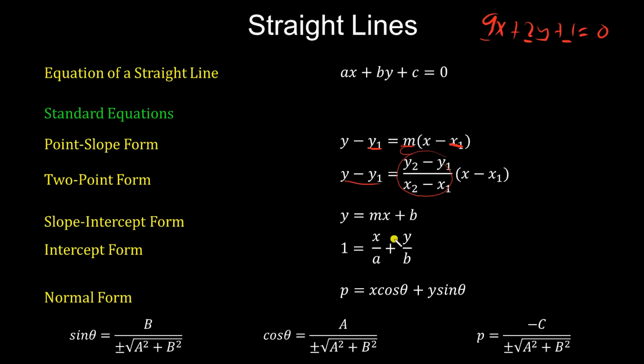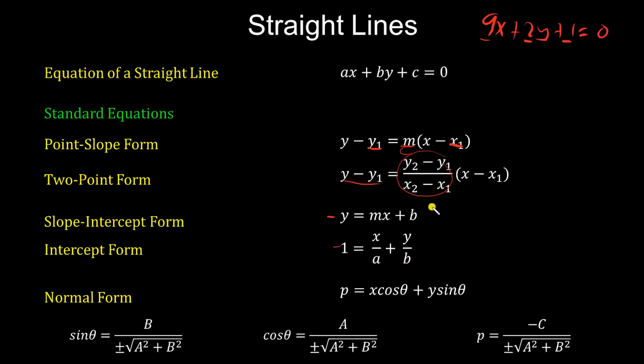But if the given is the slope and the y-intercept, then use the slope-intercept form. If the given is the x-intercept and the y-intercept, this is what you will use, the intercept form. This is your x-intercept, this is your y-intercept.